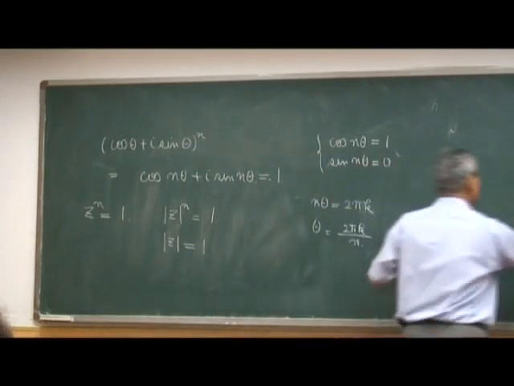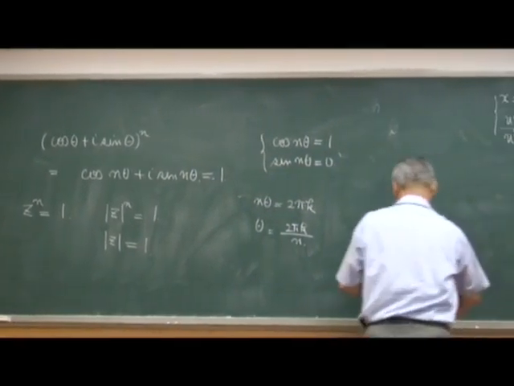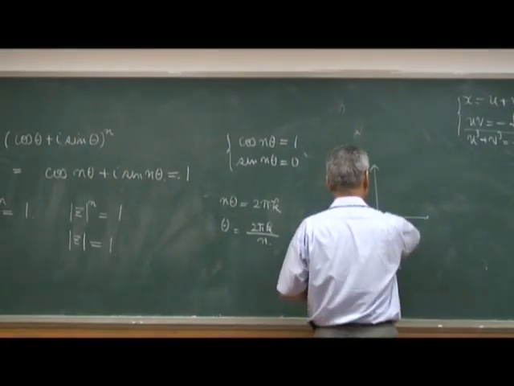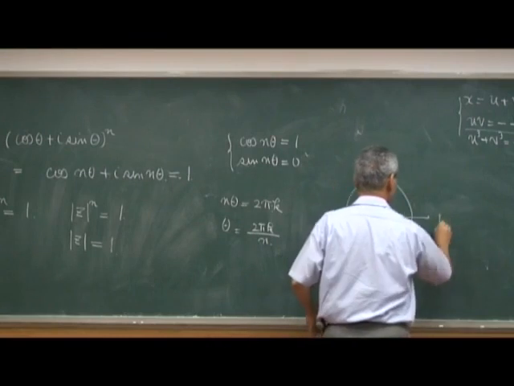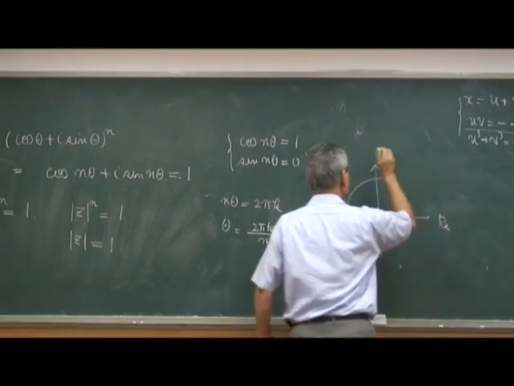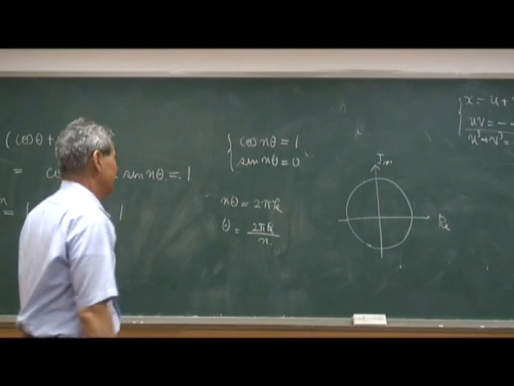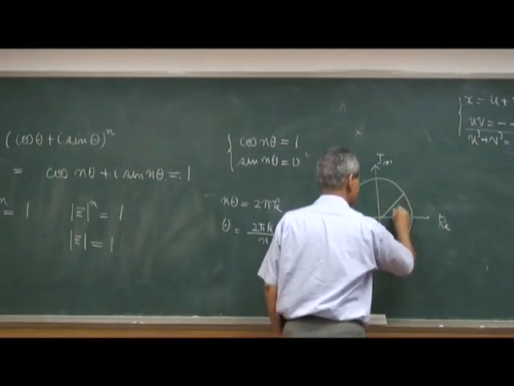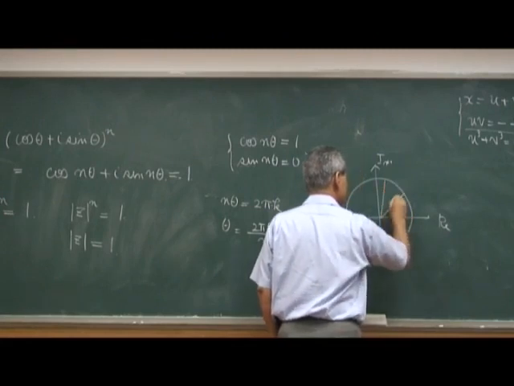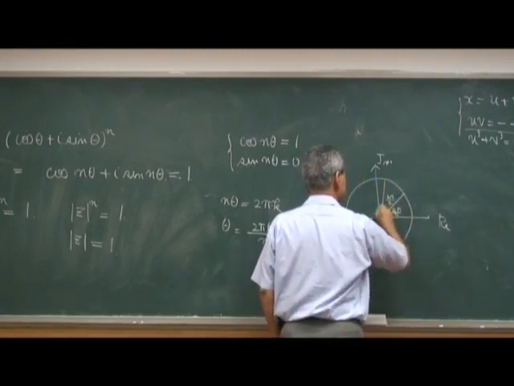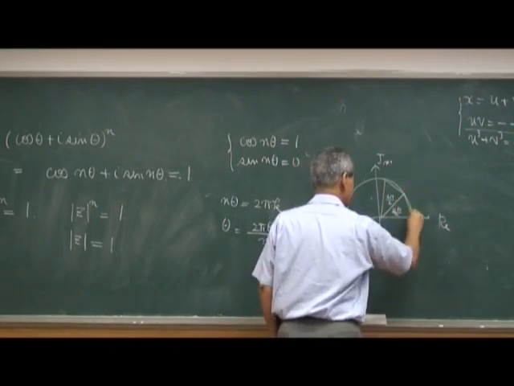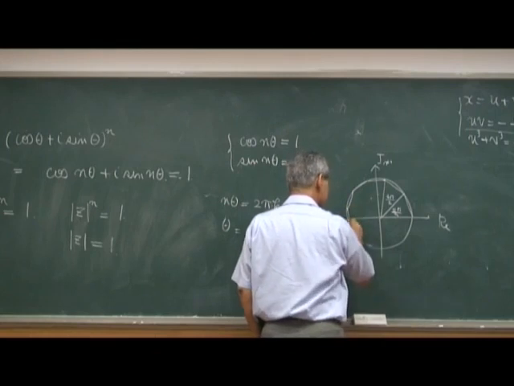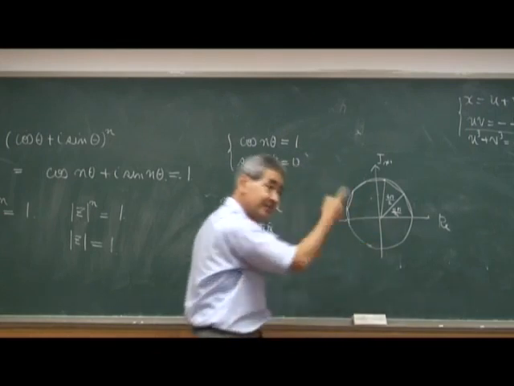So this gives you very beautiful pictures of the complex plane. So this is 2 pi over n and so on. So you can draw the regular n-gon inscribed in the unit circle this way.